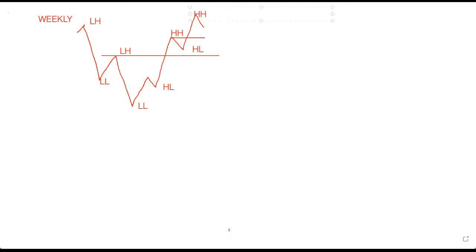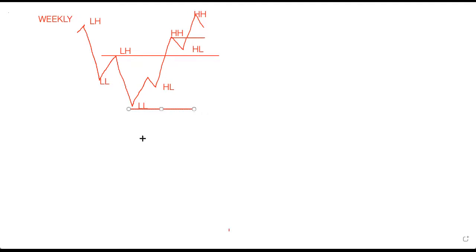So there are certain questions that you just have to ask yourselves. Why did price fail to break this previous lower low? Maybe it wants to push up and break this previous lower high. Okay, it has broken this previous lower high. Why?